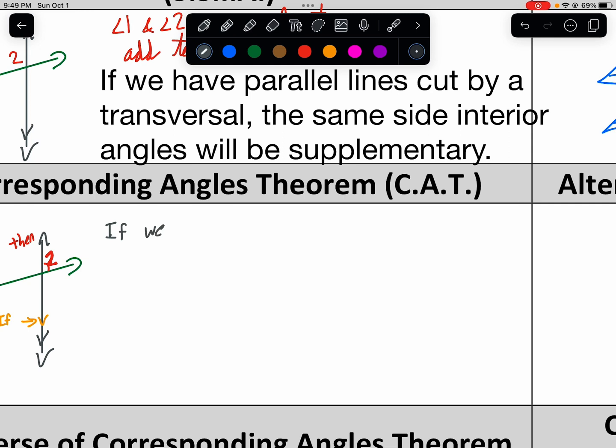If we have parallel lines, and I'm going to shorten this up, parallel lines cut by a transversal, then corresponding angles are congruent.